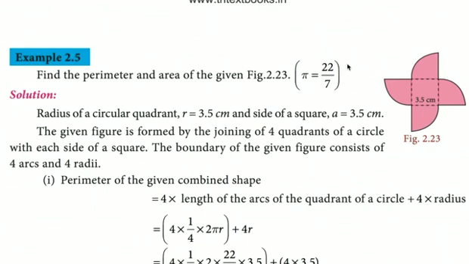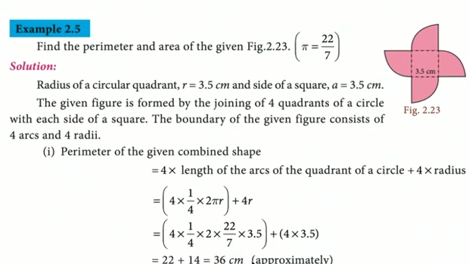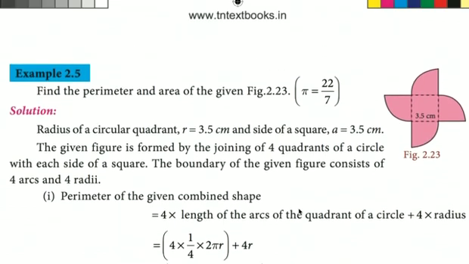R is 3.5 anyway. 2 into 22 by 7 into 3.5 is 22. 22 plus 14 is 36. 36 cm is the perimeter. Okay, we got the answer, right?